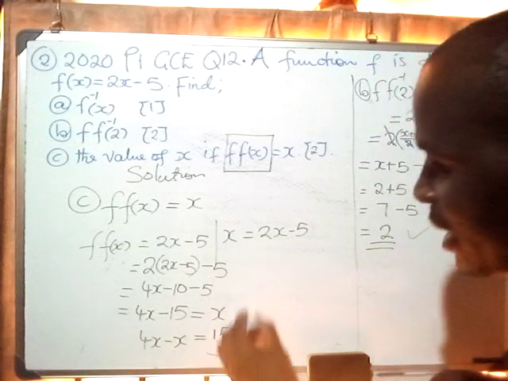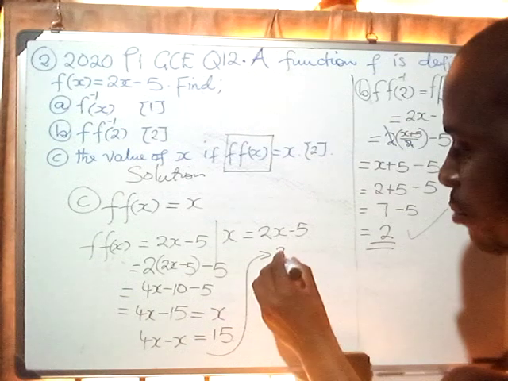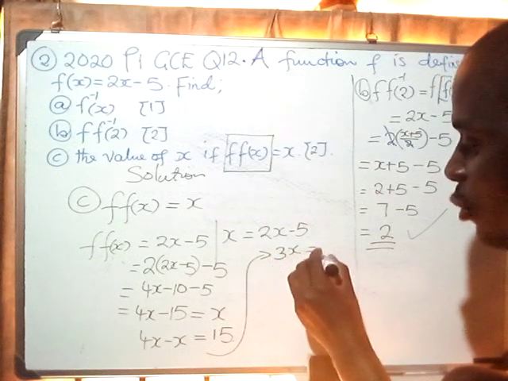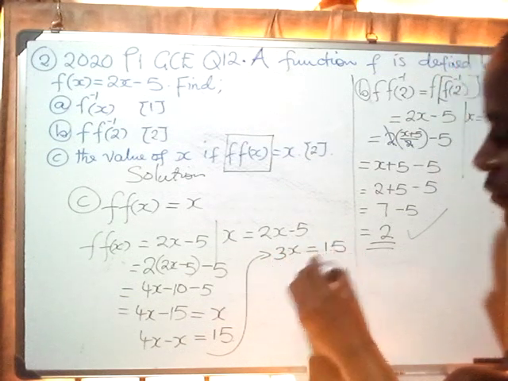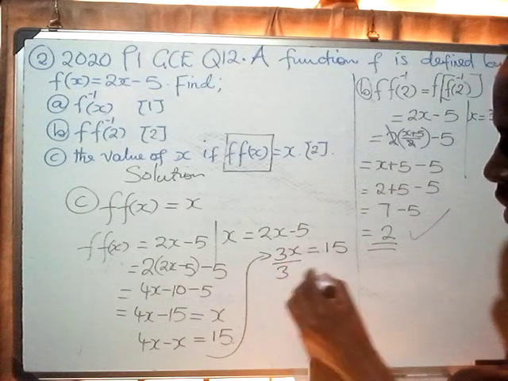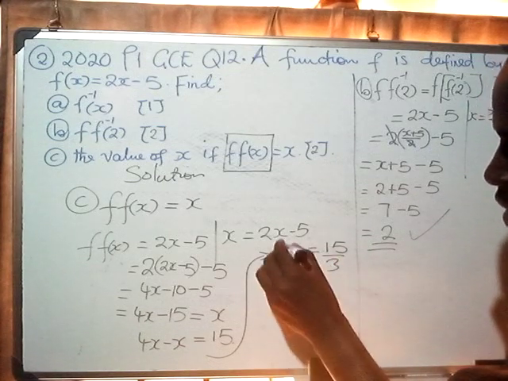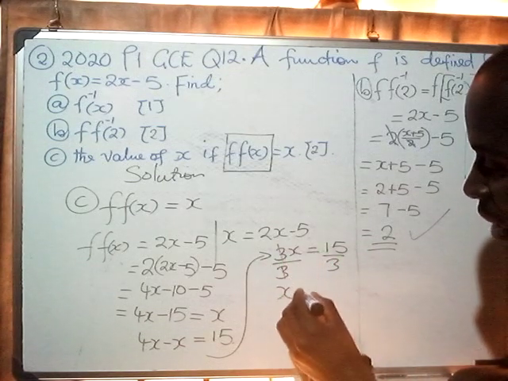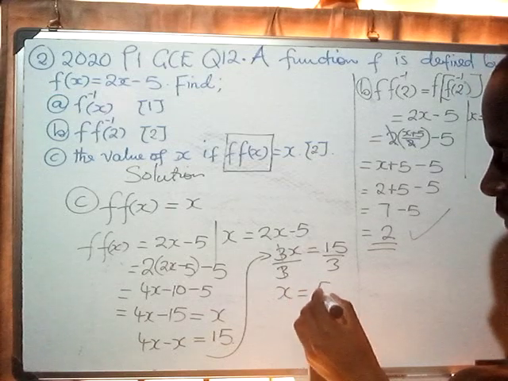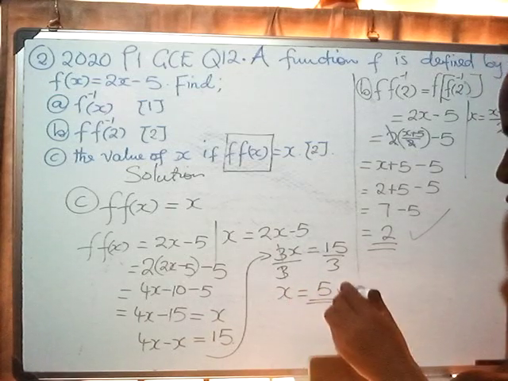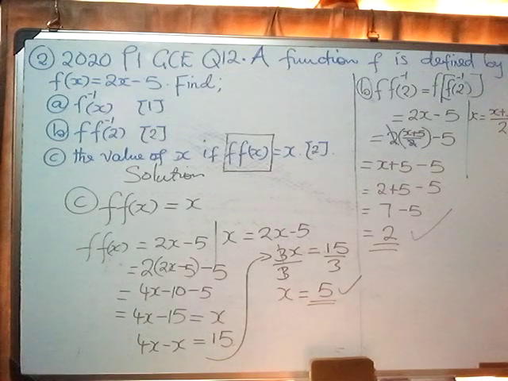So 4x minus x, the answer will be 3x, which will be equal to positive 15. Divided by 3 and also by 3 the other side. So the value of x will be 5.